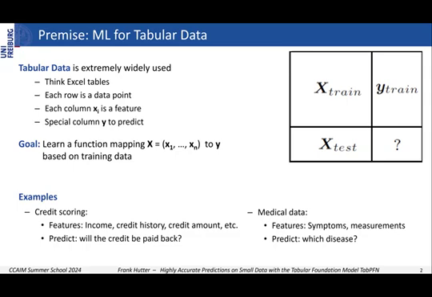You could have protein markers in your blood, or tabular features of images that doctors have historically extracted, and then you predict something from them. So tabular data is really super widely spread.